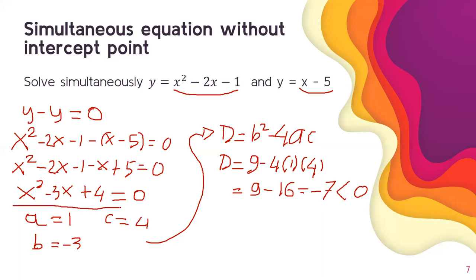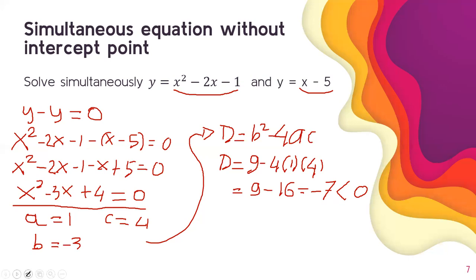these quadratic equations have no roots or no value of x. So if the discriminant is below 0, or smaller than 0, we cannot find the root of these equations, and the implication is that these simultaneous equations have no intercept point.